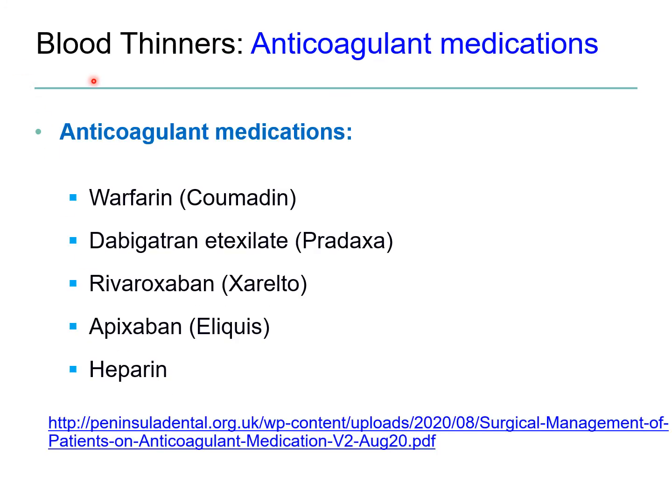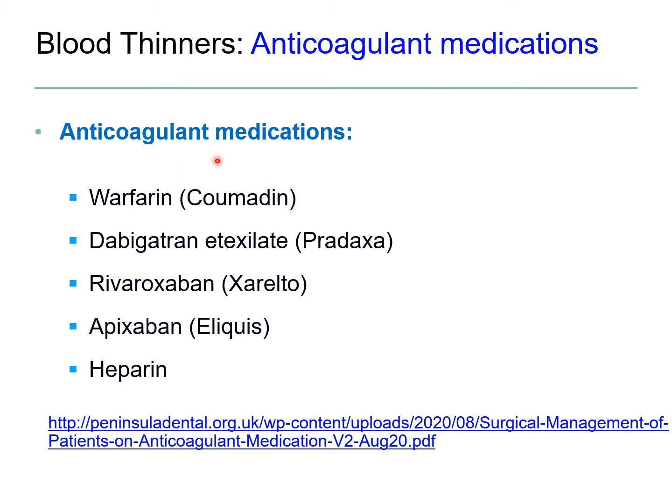Apart from inherited and acquired disorders of blood coagulation, hemostasis may also be impaired by anticoagulant medications. We've already discussed this topic in a separate plenary. However, I've just included it here for the sake of completeness.